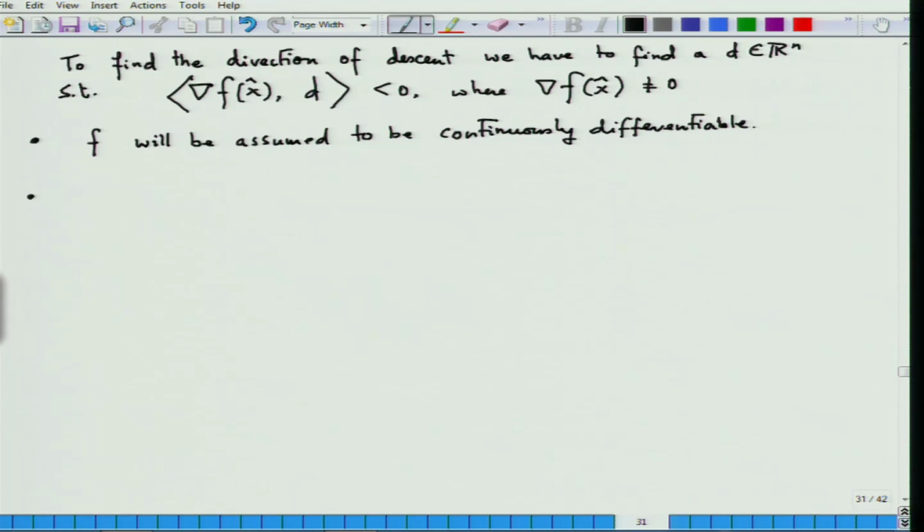Now let us give some examples of directions of descent. Suppose I choose d is equal to minus grad f at x hat. So then if grad f of x hat is not 0, then putting this, grad f(x bar) d is now this.